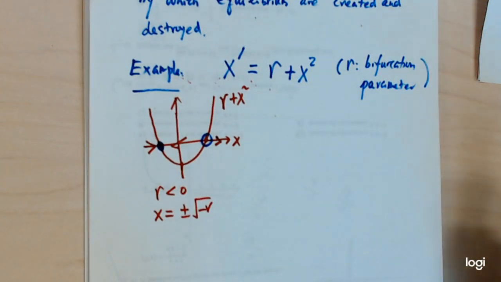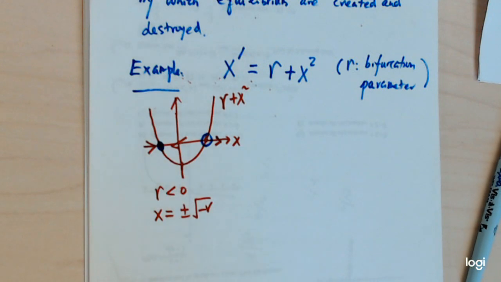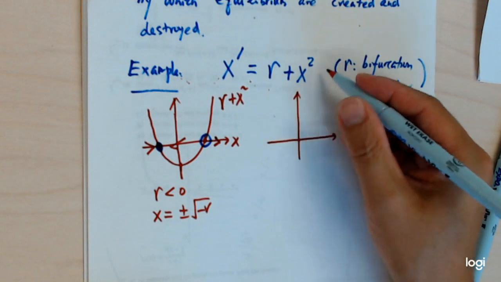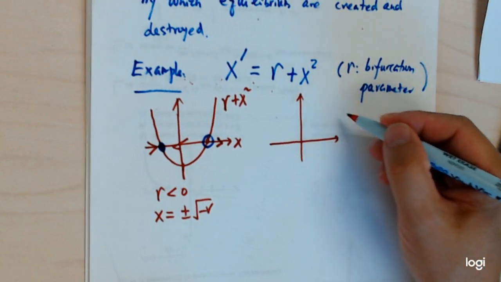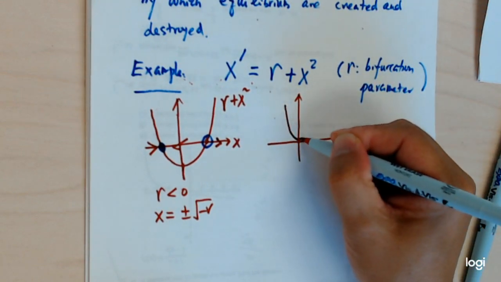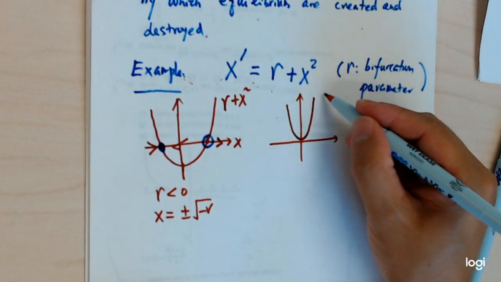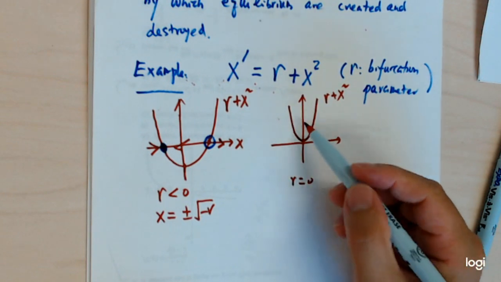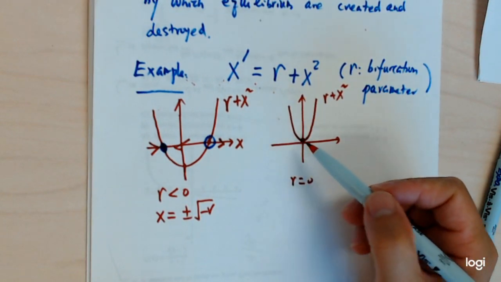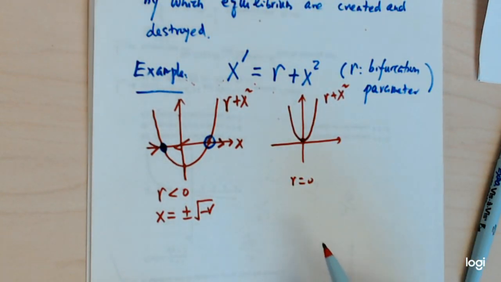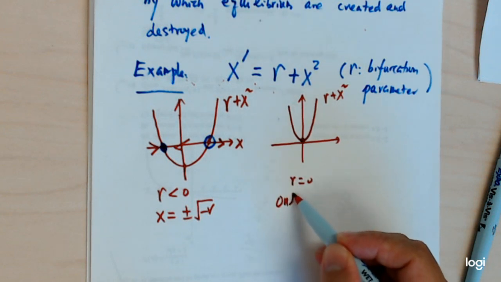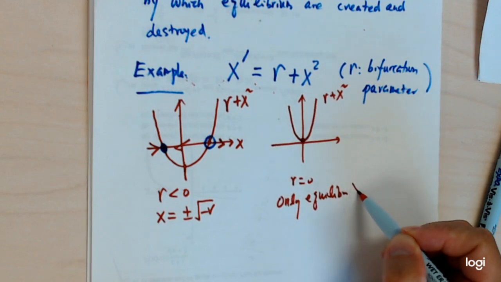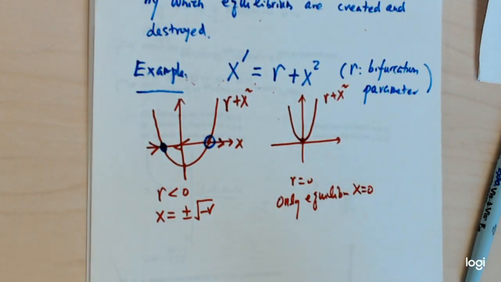When r is 0, this is how the graph of r plus x squared looks. It touches the x-axis right here, and this is the only equilibrium, at x equal to 0.